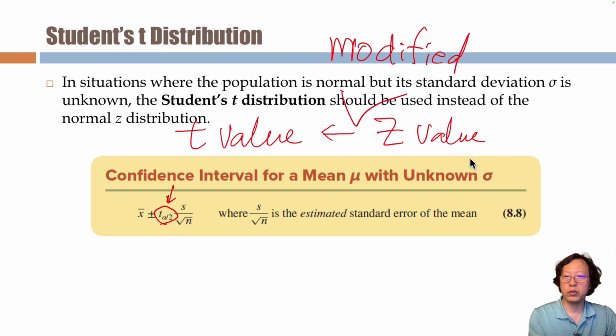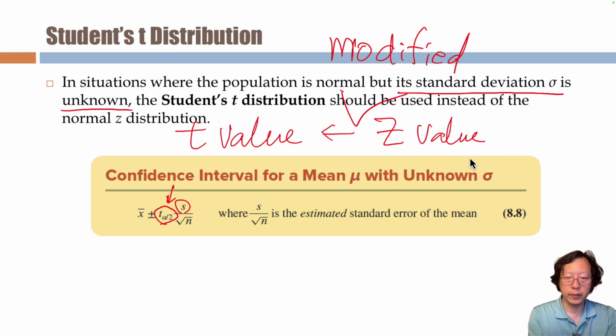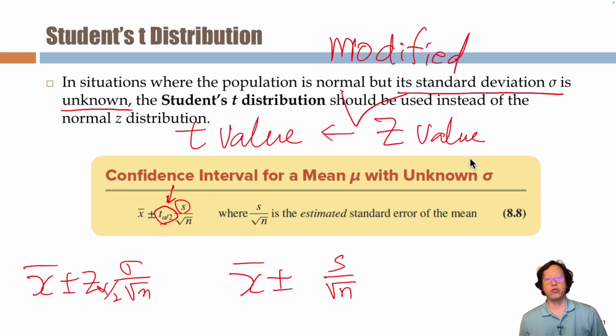When should we use it? When the standard deviation is unknown. When the standard deviation is unknown, we have to use a sample standard deviation, right? When we know the standard deviation, we can do it this way. However, when we don't know the population standard deviation, which is the case in most situations, we are not sure about this S, right?